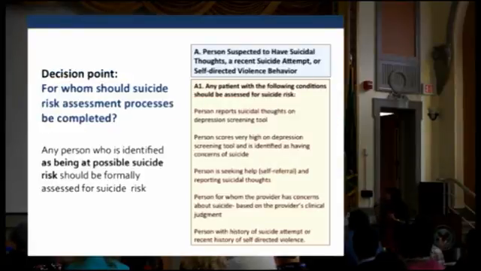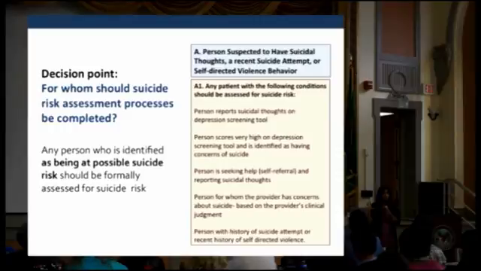Okay, so the next few slides are going to look like this. On the left-hand side, you'll see key decision points or practice recommendations that I put out there based on this idea of therapeutic risk management and this model, and then showing you how that maps onto the clinical practice guidelines.